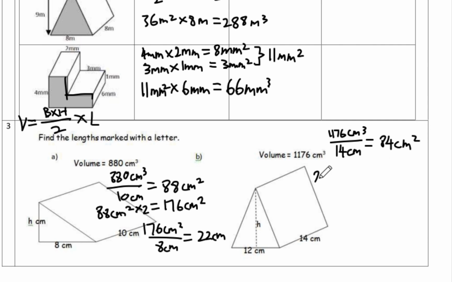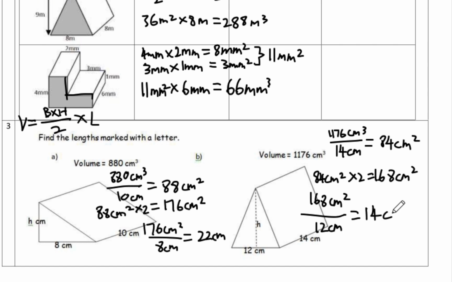And we will take 84 cm square multiplied with 2, which we will get 168 cm square, and 168 cm square divided with 12 cm, which is the base, we will get 14 cm, and that will be our final answer.